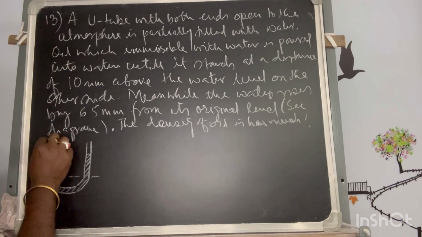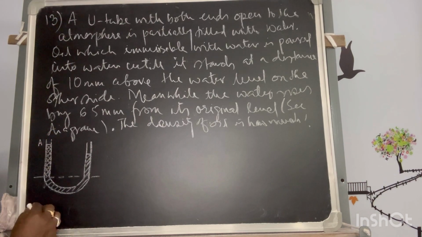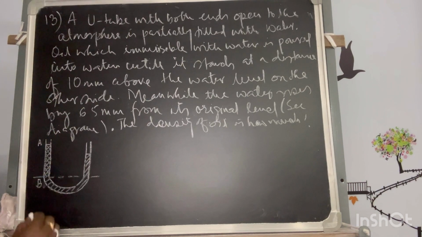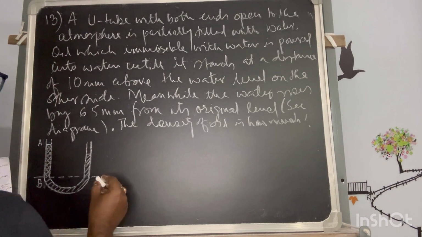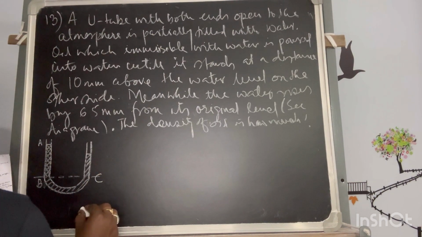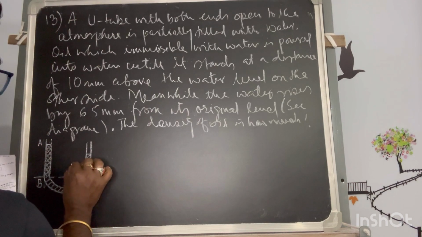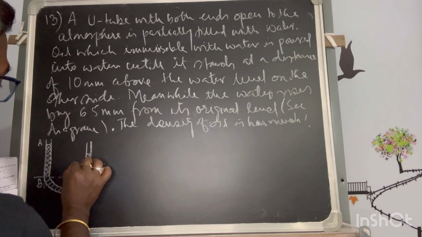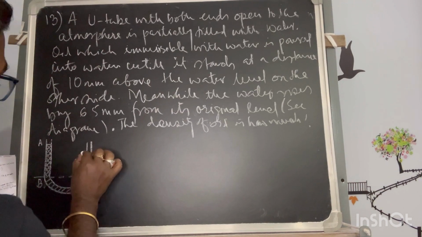So this is point A, this is point B, this is point C. I will explain what this line is.